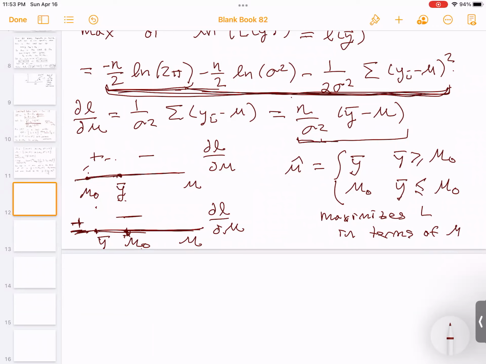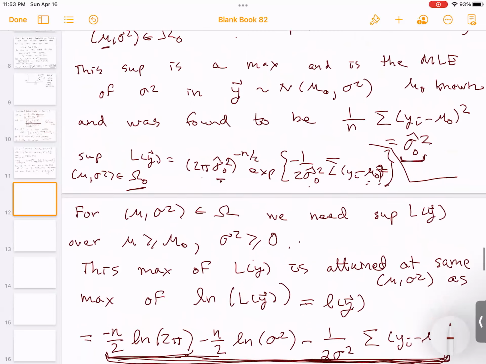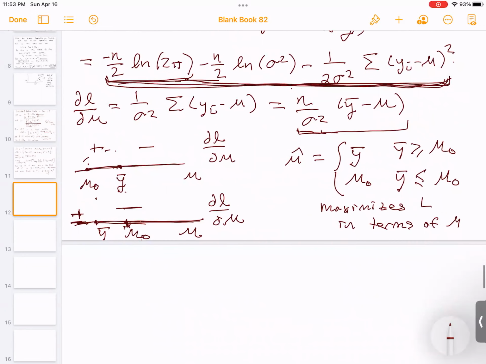This is what we just computed up here, so we're just going to get sigma 0 squared, but instead of mu 0, I'm going to put mu hat. I'm no longer using the zeros for mu hat and sigma 0 squared, so I'm going to use just the regular notation.